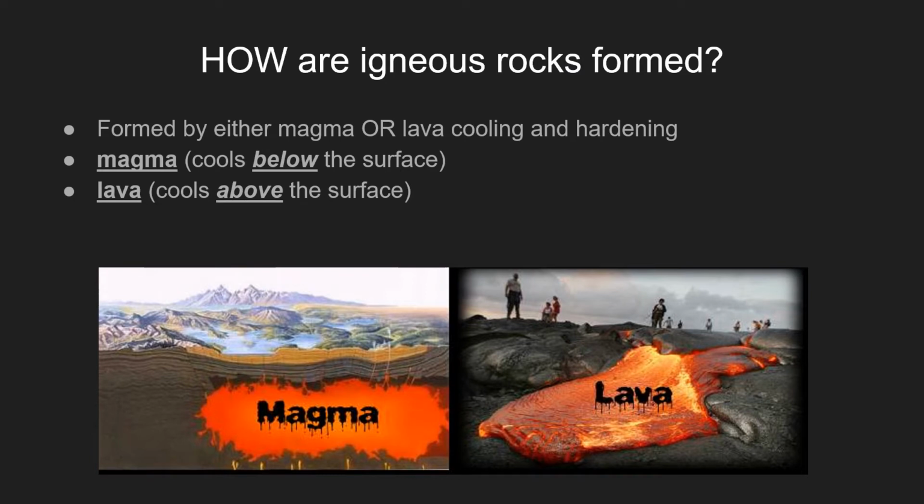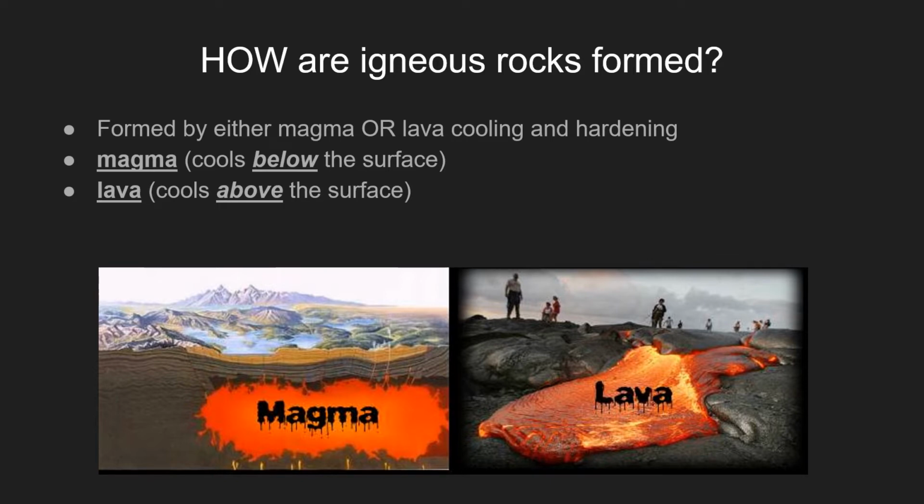So igneous rocks either come from very hot magma, which is inside the earth, or really, really hot lava, which is outside the earth. Magma and lava are both molten rock. They're just in different places. So the magma would cool very, very slowly below the Earth's surface.